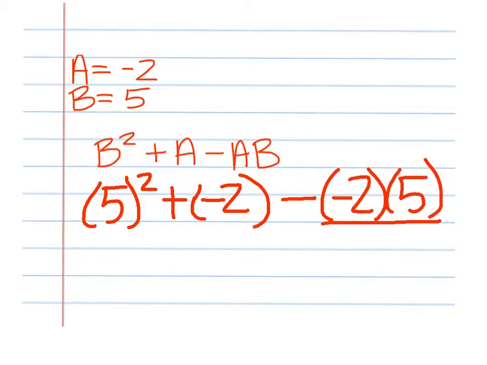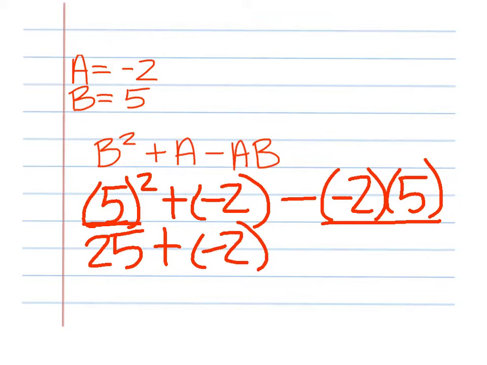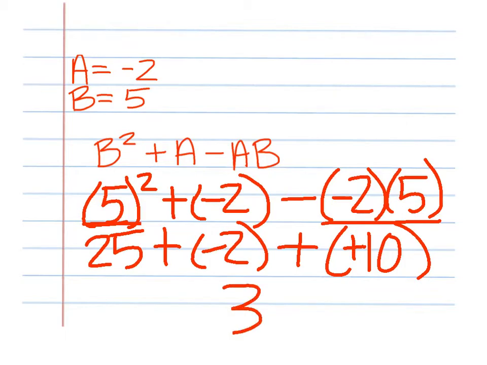You're going to want to do this part first and this part. So 5 squared gives you 25 plus negative 2 minus negative 2 times 5, which is negative 10. So 25 plus negative 2 will be 23, and minus a negative 10, change that to a plus positive. Your final answer will be 33. Always put it in parentheses.